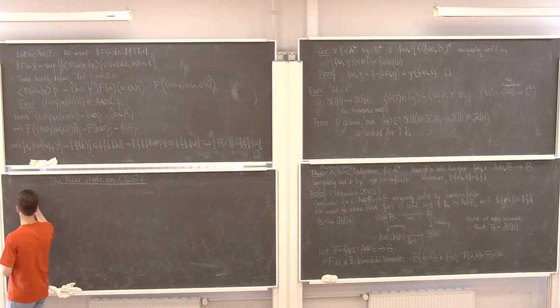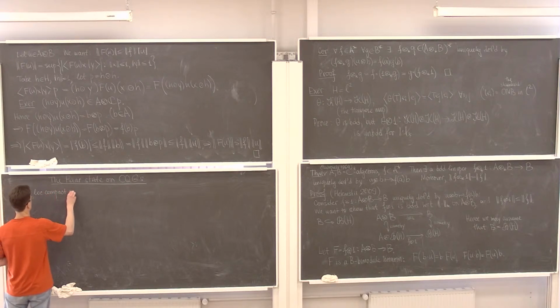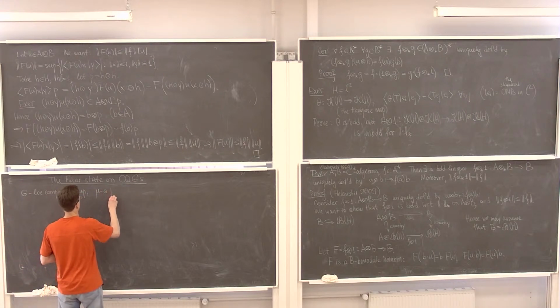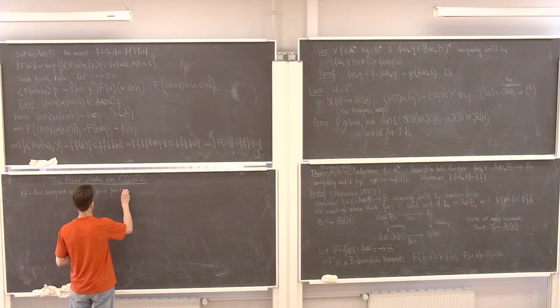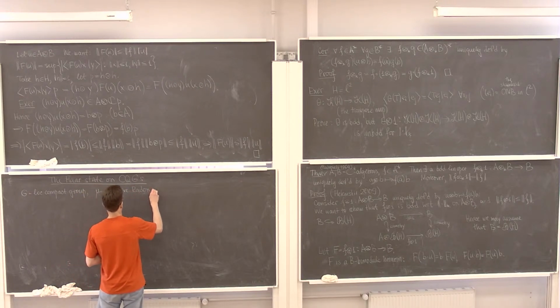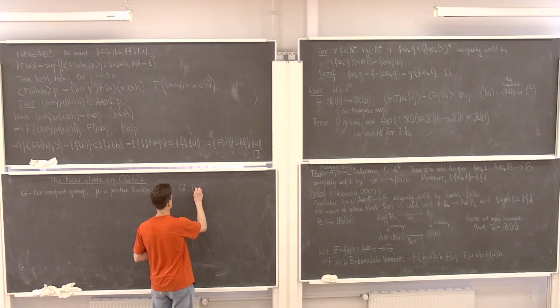So suppose G is a locally compact topological group, and mu is a positive Radon measure on G. In general, it is not necessarily finite.